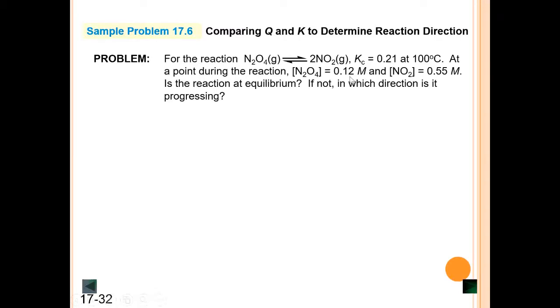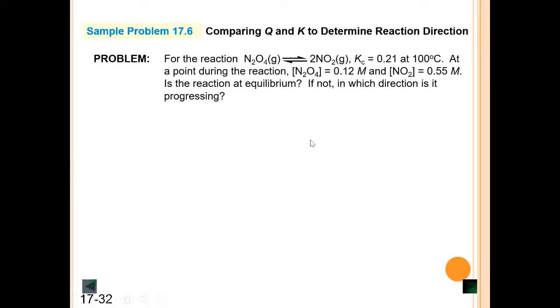When the concentrations of both components are sampled, we are not sure whether the system is already at equilibrium or not. The question asks us to determine whether the system is at equilibrium or not yet. And if it is not at equilibrium, we have to identify which direction the reaction is progressing.